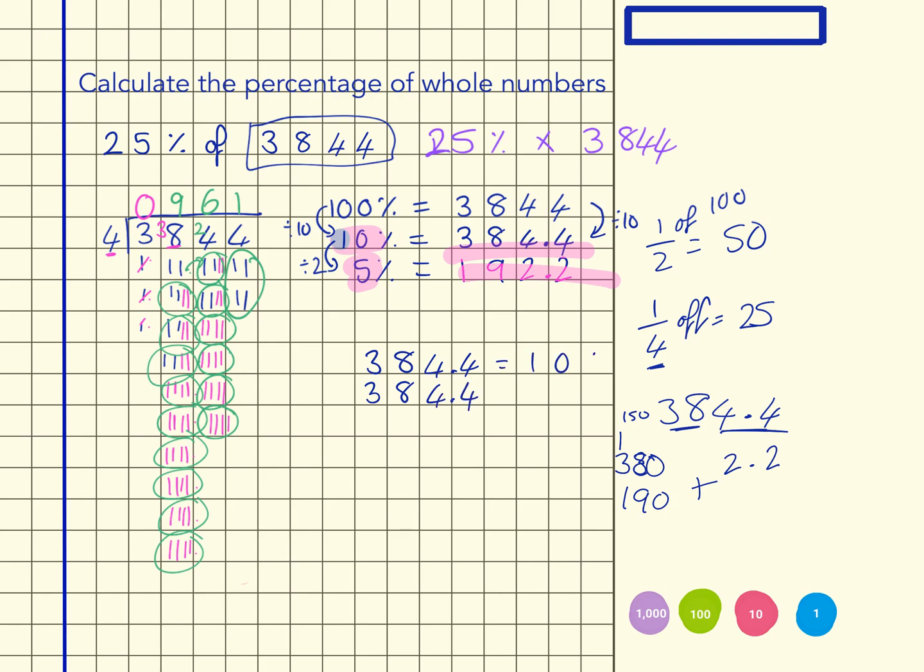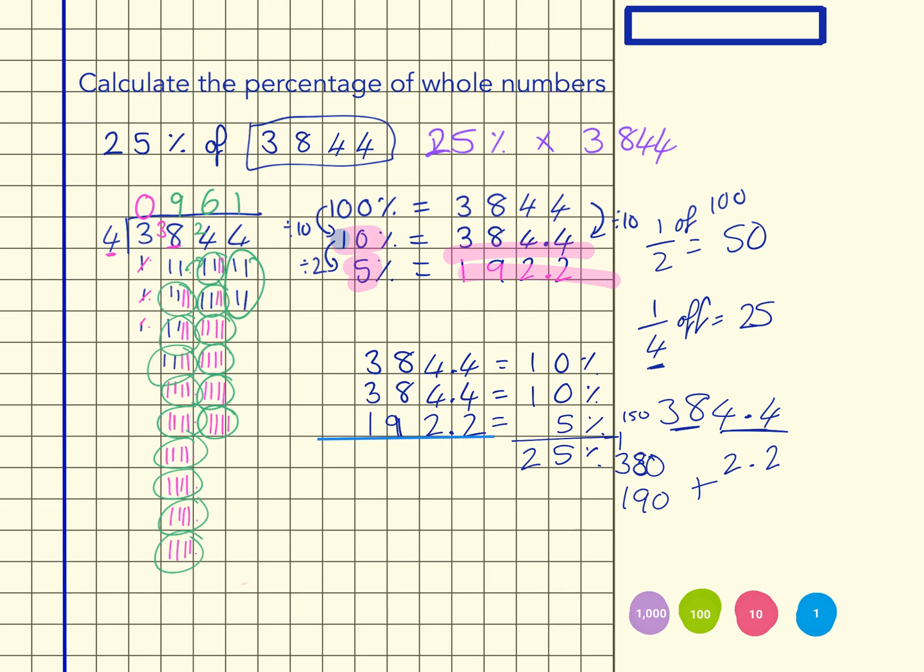Each equals 10%. And then I need to get another 5% to get me to my desired 25%, so that is 192.2. And then I'm going to add those together to get to the total that I need to reach. So let's see what this gives me.